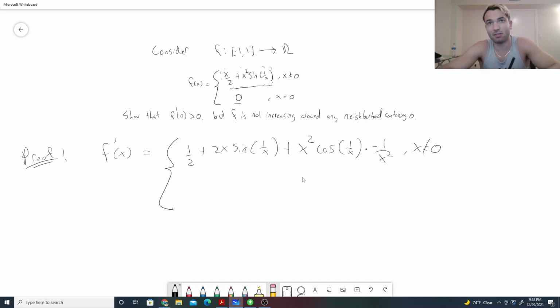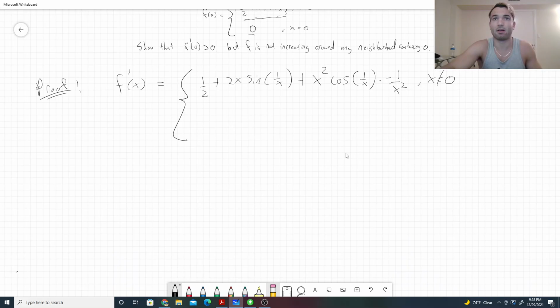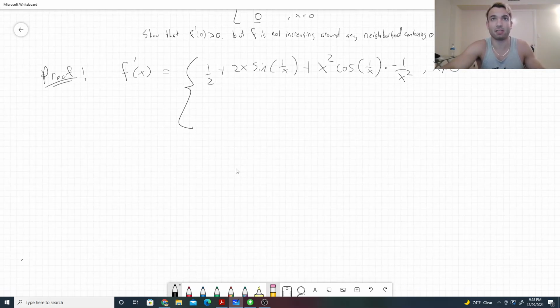The thing is, at 0 we don't even know that it's differentiable yet. It is, but how can we see that? Well, let's compute it manually.